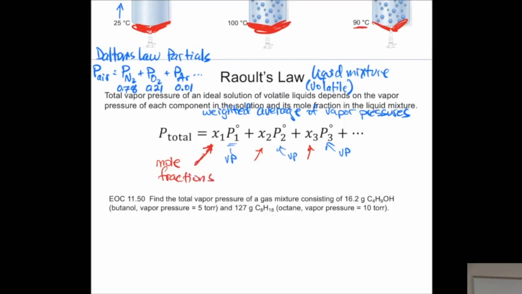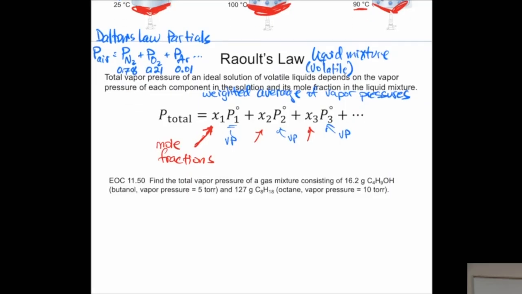And you'll see what I mean by that as I take you through this first example. But it's simply just the fraction of each material, and we're always looking at molar relationships here. They should all add up to 1, and we'll check that throughout as we're doing things. So that's what the equation is.